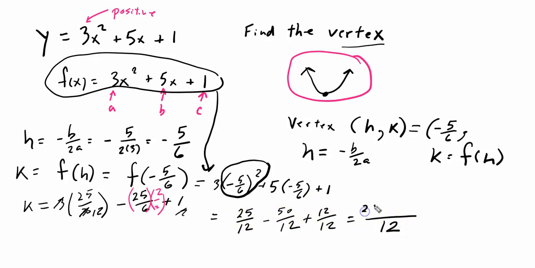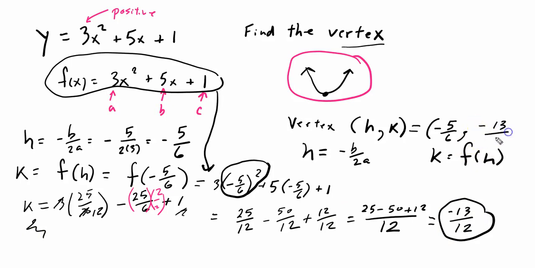And in the numerator, you're going to have 25 minus 50 plus 12. And 25 minus 50 plus 12 is going to be negative 13. And so that is our k. And so that's the y-coordinate of our vertex. So this is your answer. And that is simplified. Nothing cancels.